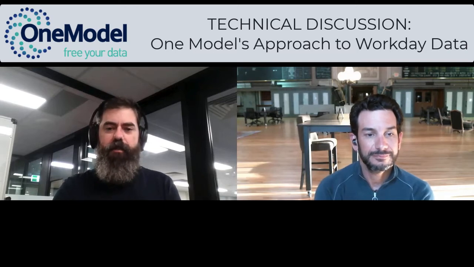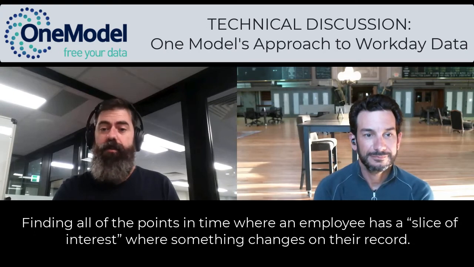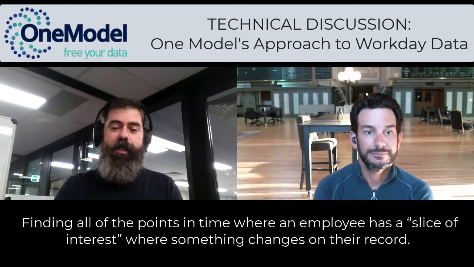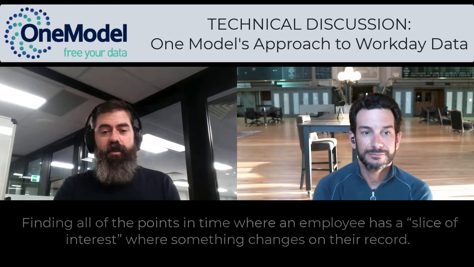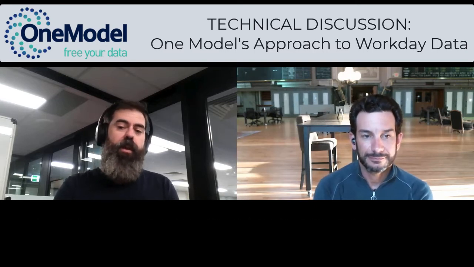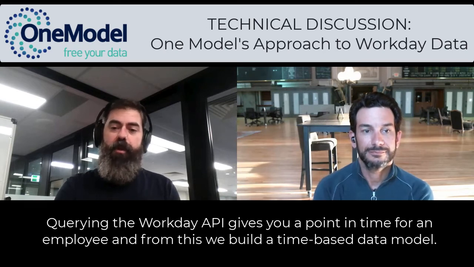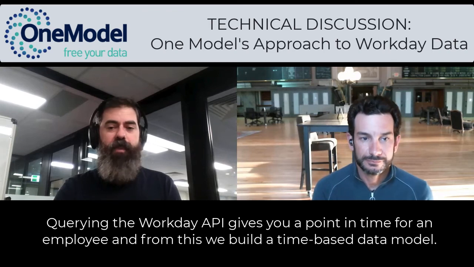So for Workday, that comes down to how do you find all of the points in time that an employee has a slice of interest, where something changes on their record that you need to know about. The way Workday works, it does not give you a full history when you query the API. It gives you a point in time of an employee. So if you query a worker, you'll get the valid data for that worker for that point in time.